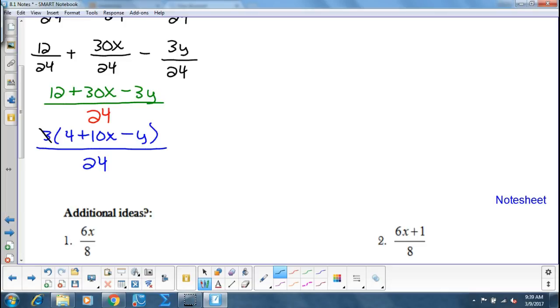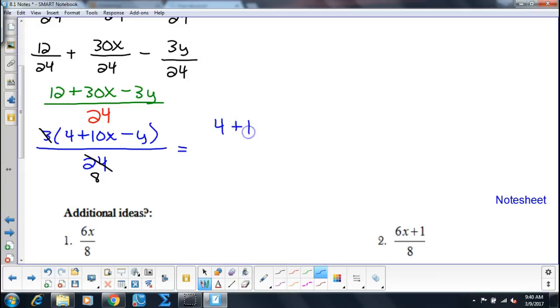Can I divide the bottom by 3? And that makes this what? 8. So my final answer here is, now how you write the top is how you write the top. As long as you've got all 3 distinct terms up there, I don't care what order it goes in, but that then is my answer.